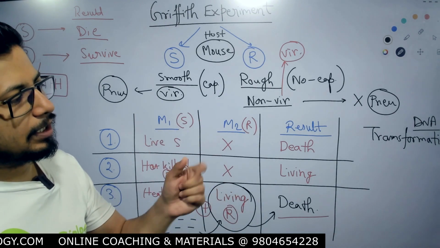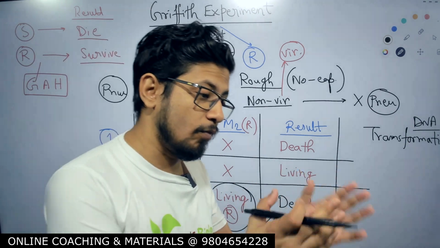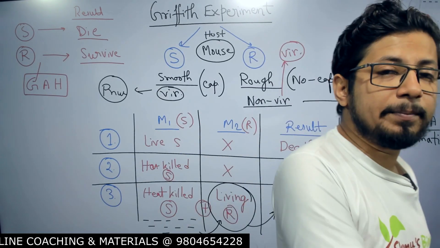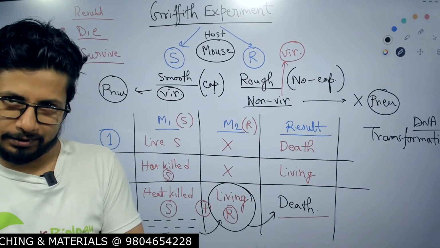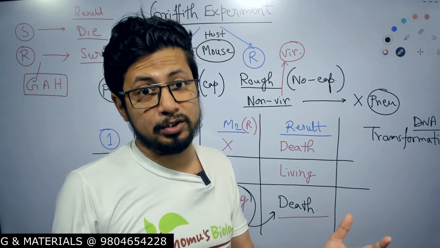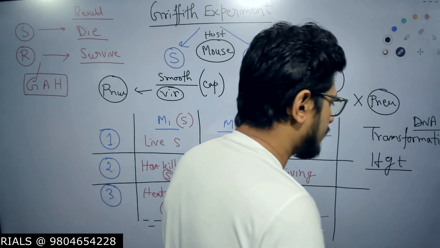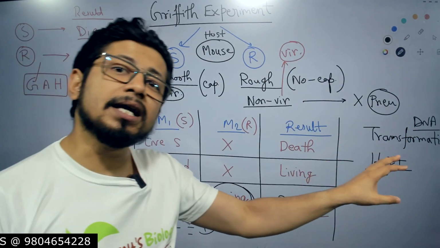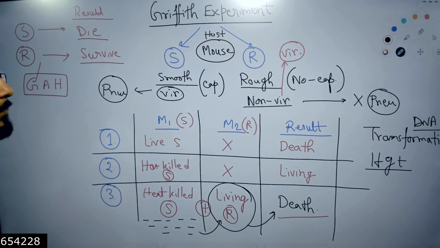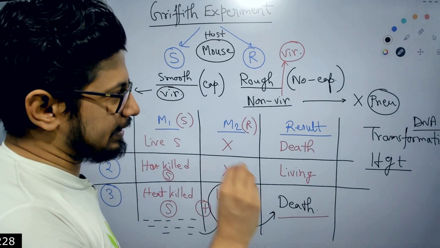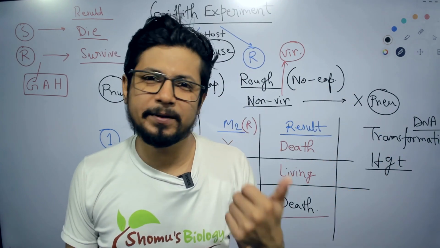This DNA transformation process is one kind of horizontal gene transfer, where the DNA can be transferred from one bacterial cell to another bacterial cell of the same generation. Not from the parent to the daughter, but between members of the same generation, known as horizontal gene transfer, HGT. This is something that is possible between bacteria, not in eukaryotes. Now we know this is the foundation of understanding DNA transformation, but at that moment it was just an experiment to understand pneumonia and the spreading of pneumonia.